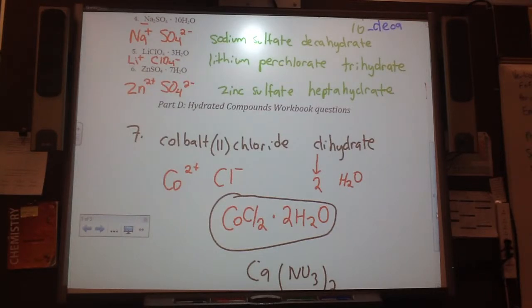But then what I want you to do after you're done page 7, and lots of you have already started it, is now you can do all of page 6, because page 6 was a mix of lots of different types of ionic compounds. So do page 6 and 7 if you haven't done page 6.